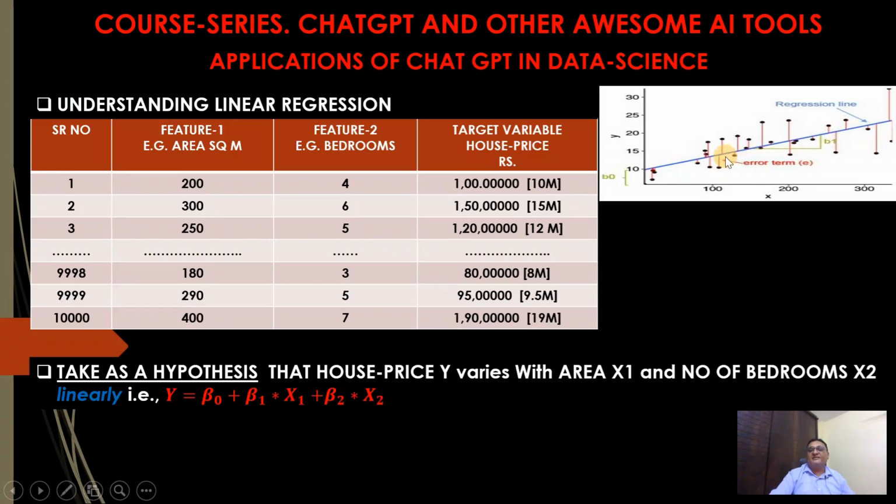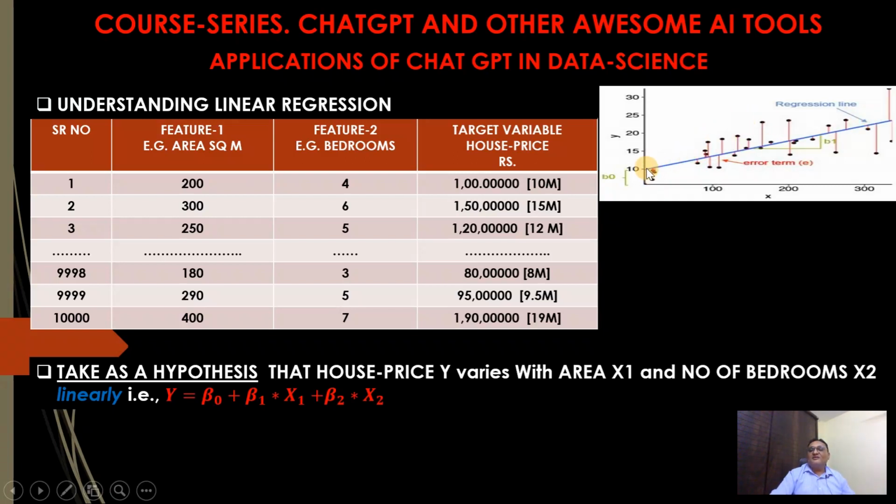I am assuming that the price varies linearly with x. X is this, suppose only one variable, simple case we are taking. So then in that case, if it is varying perfectly linearly, 100% linearly, then all my predicted values would come on this blue line. Okay, but actual data distribution is shown by these red colored dots.